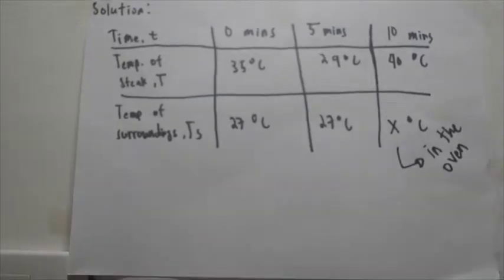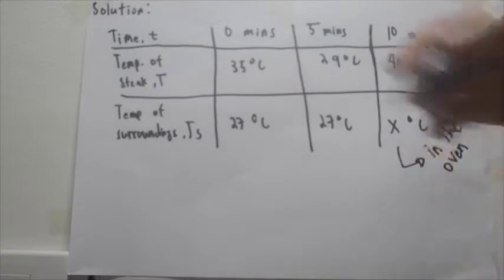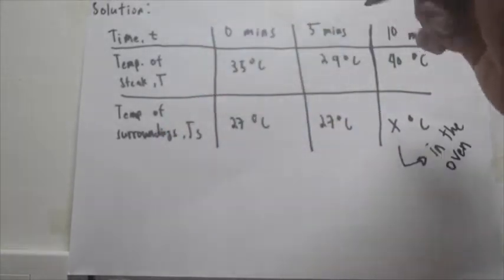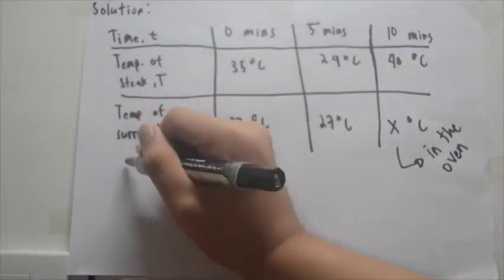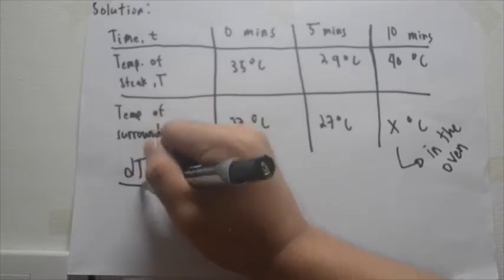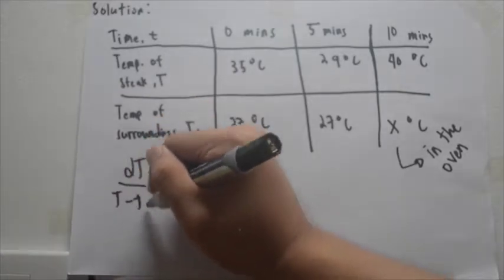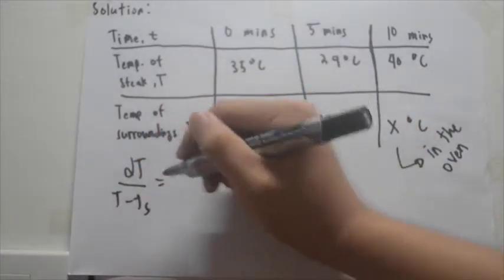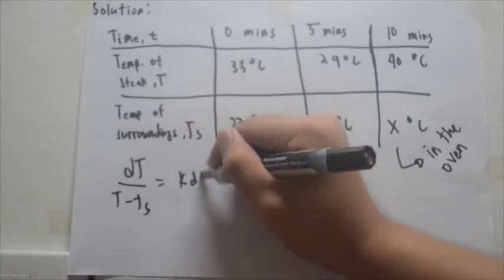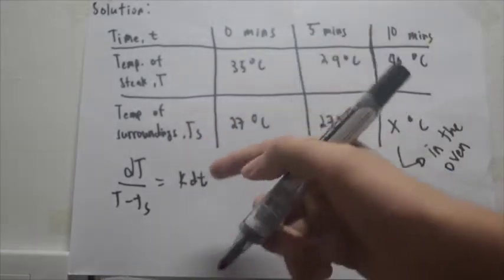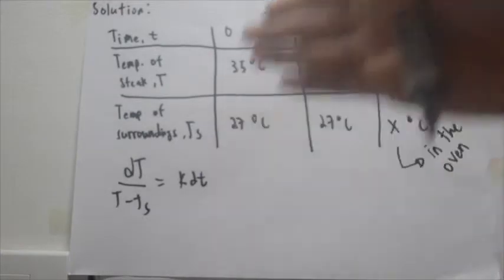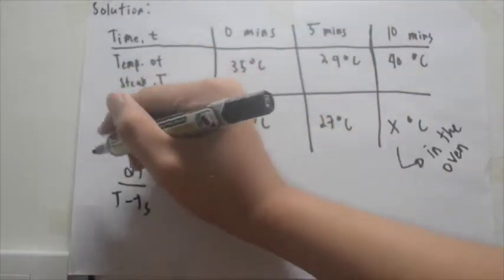Using the formula for Newton's law of cooling, we will write dT over T minus Ts is equal to k dt. In this formula, we will integrate it.